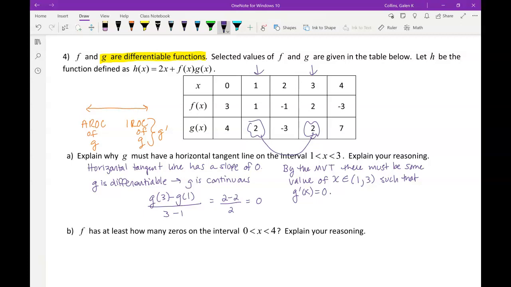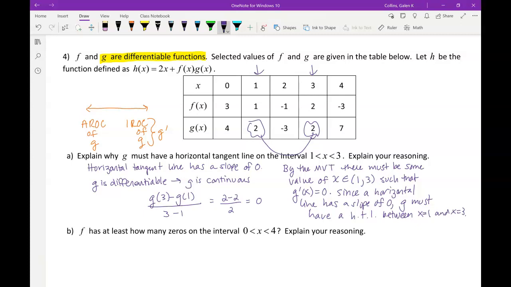And then we kind of already said this. I realize it's a little redundant, but we have to include this fact, so I'd rather be redundant. So since a horizontal line has a slope of 0, g must have a horizontal tangent line between x equals 1 and x equals 3.